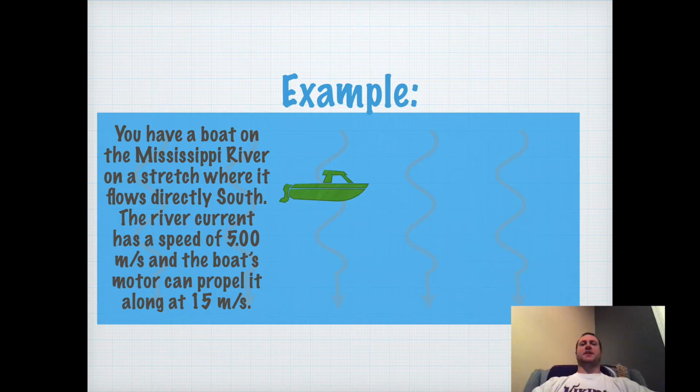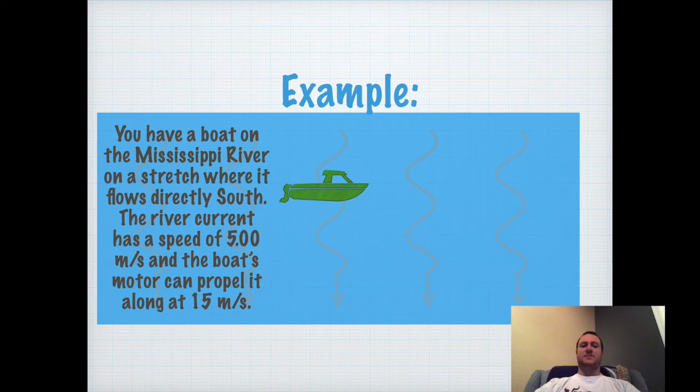So a very classic example in physics is a riverboat problem. In the example here, you have a boat on the Mississippi River on a stretch where it flows directly south, as indicated on the slide by the gray arrows pointing downward. The river current has a speed of 5 meters per second, and the boat's motor can propel it along at 15 meters per second. So as we look at this problem, the current is flowing directly south.